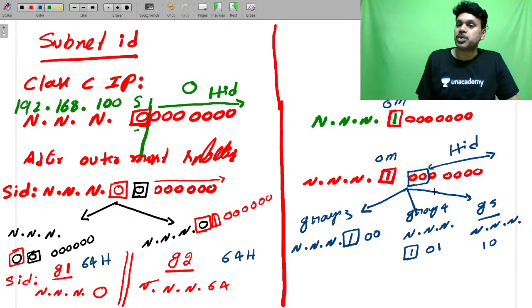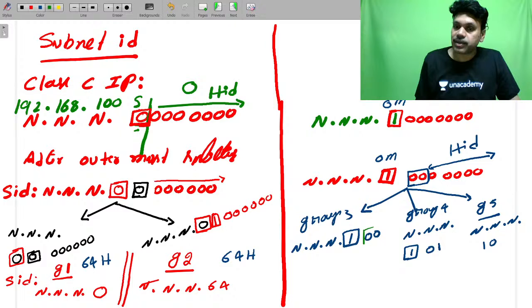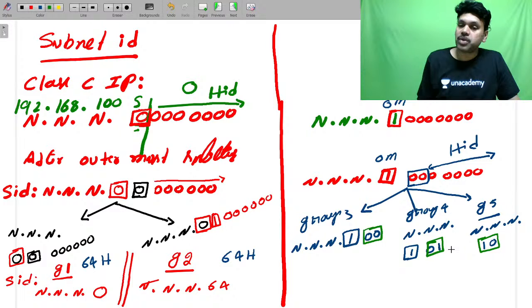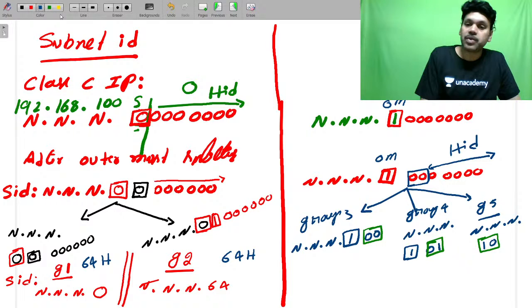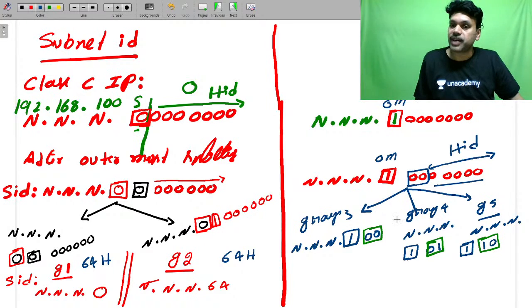So 2 power 2, 4 combinations. So this is for inner, this is also inner, and don't forget to write outer. Outer 1 is a carry forwarding, this is your outer. So write remaining zeros over there. So how many zeros? 5 zeros.